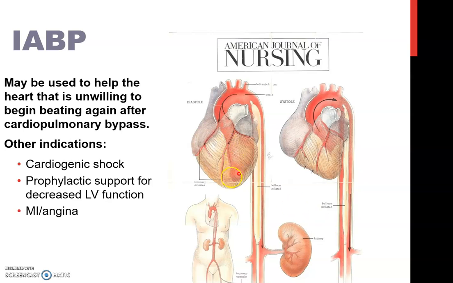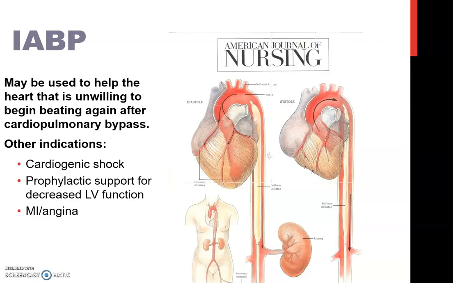When the ventricle is filling, there's always some extra blood left over here, and the balloon inflates, pushing this blood down into the coronary arteries and perfusing the coronary tissue better. So that's the two ways that an intra-aortic balloon pump assists the heart.